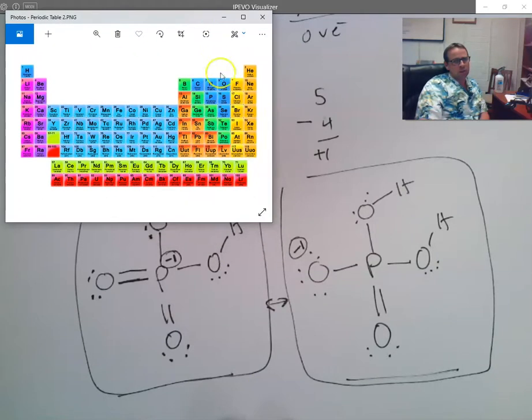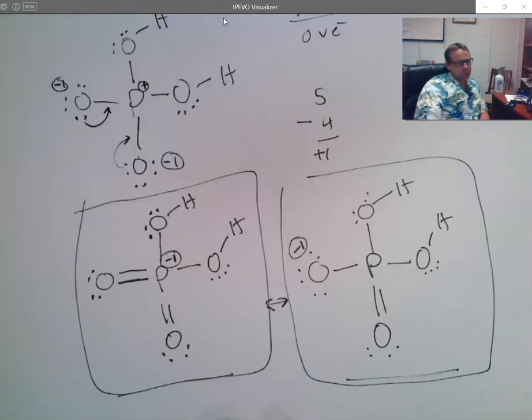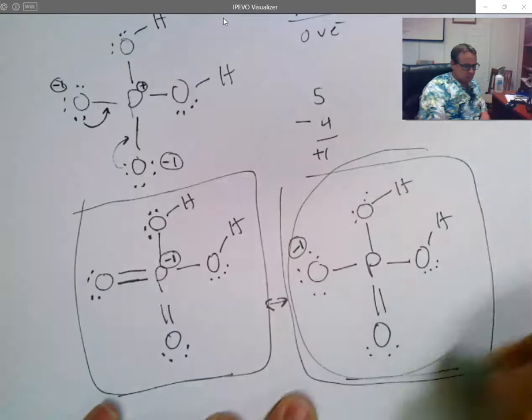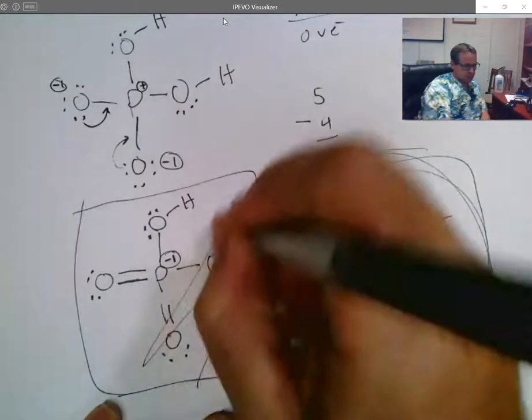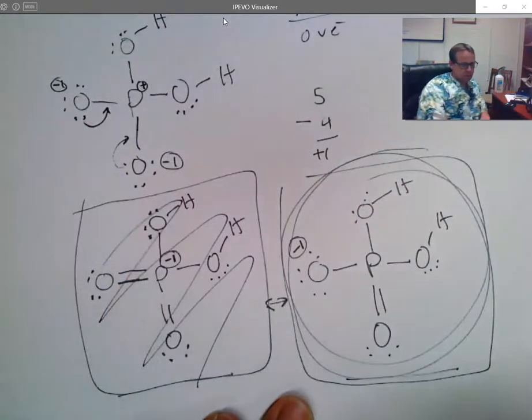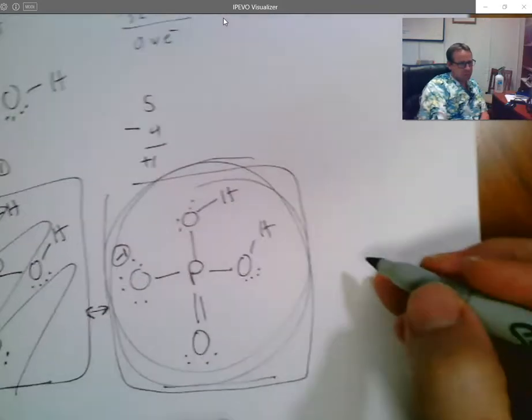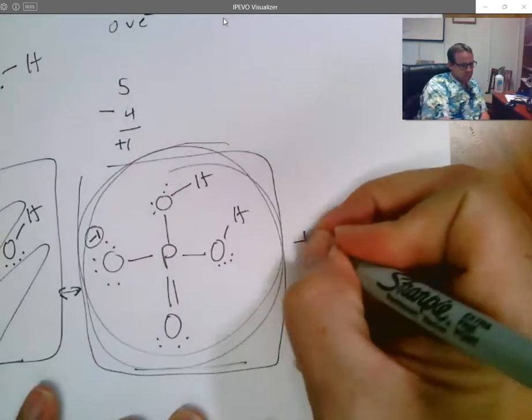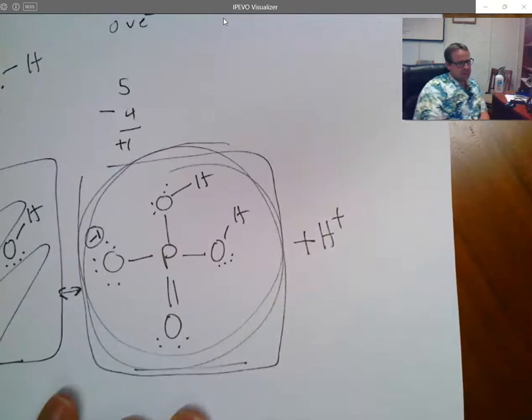That's our periodic table, right? Oxygen is more electronegative than phosphorus, so oxygen is going to stabilize the situation more if it has more electronegativity. So that's an indication that this one is the one that's going to be correct and not that one. Also, another way we could remember that is when this is added to H+, right?